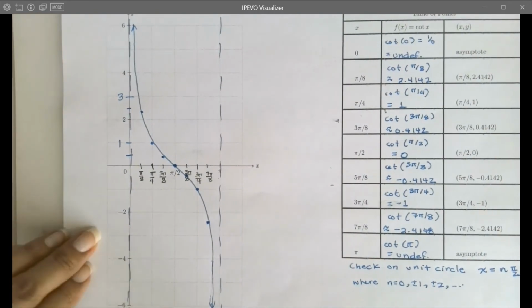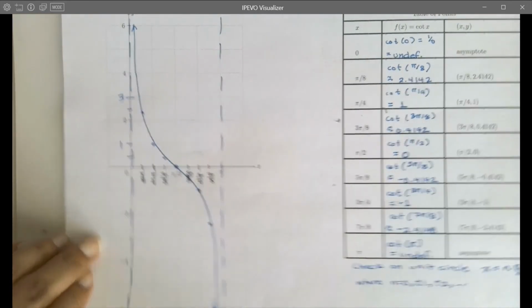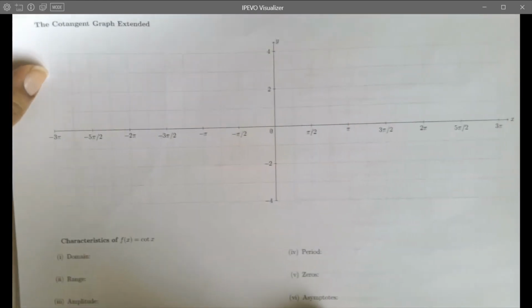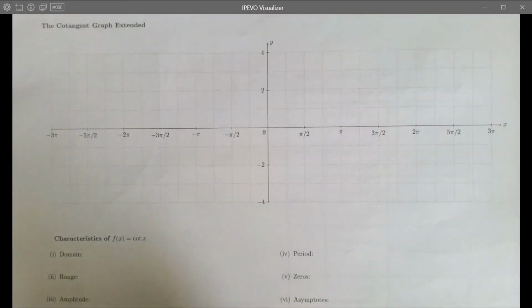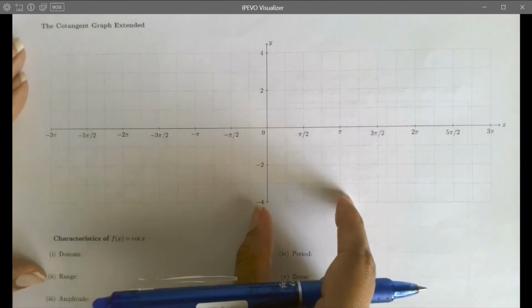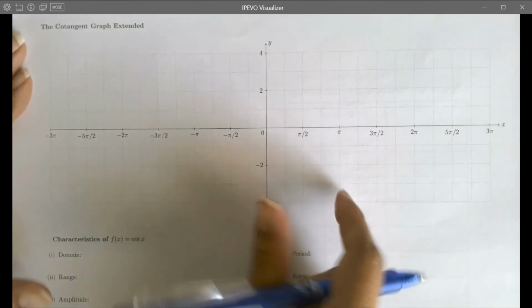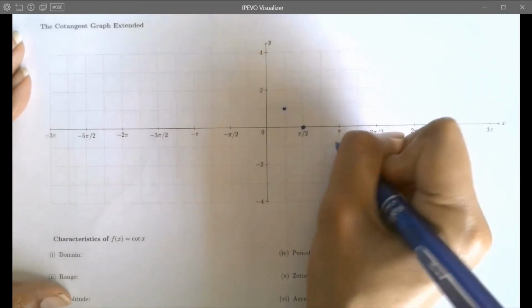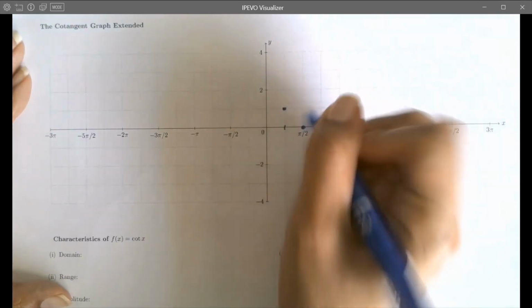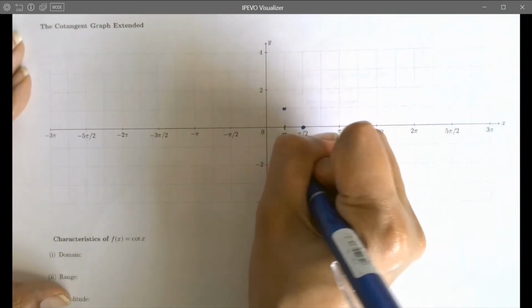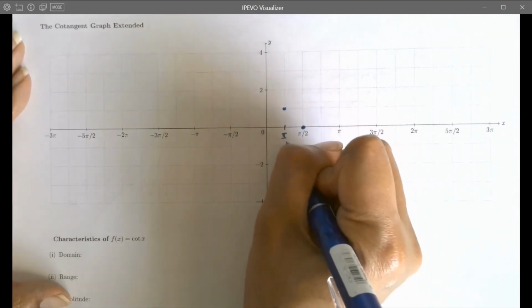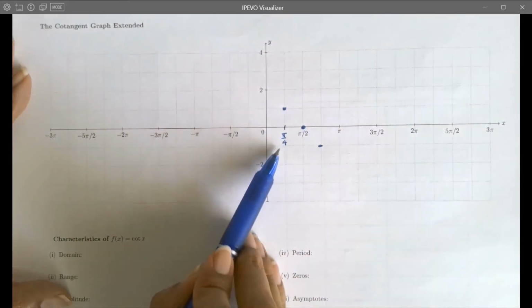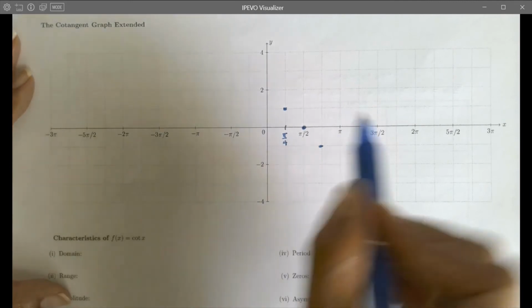Now, what if we extend the cotangent graph? If we extend the cotangent graph, we're going to have that same initial curve from 0 to pi. So let's just draw that. And I know that this is at 1 because halfway between 0 and pi over 2 is pi over 4, and we have the point (pi over 4, 1).